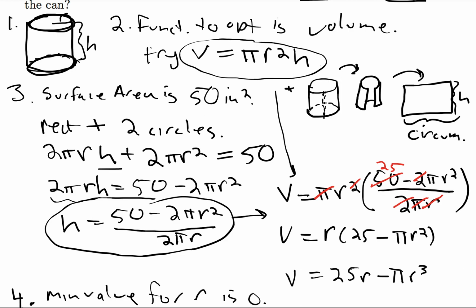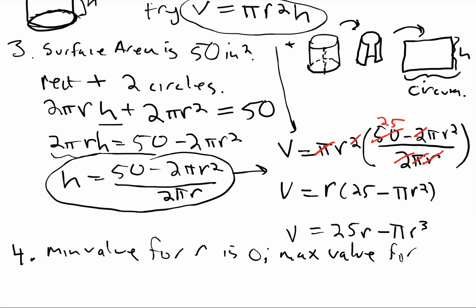It's basically 0. If I wanted to find a maximum value for r, okay, my maximum value for r, well, actually I'll go ahead and make a comment here. My minimum value for r is greater than 0.